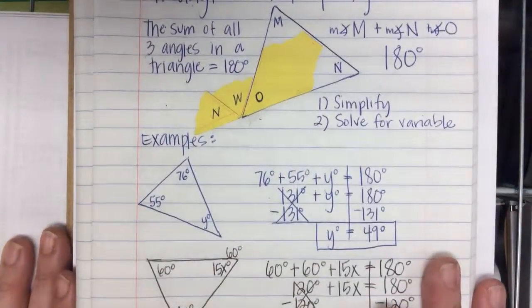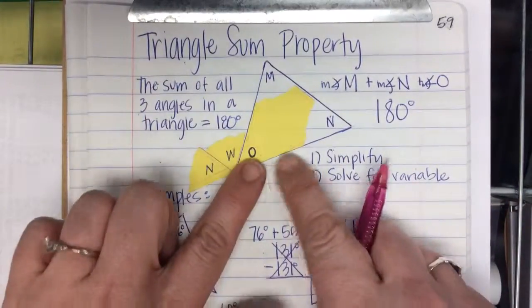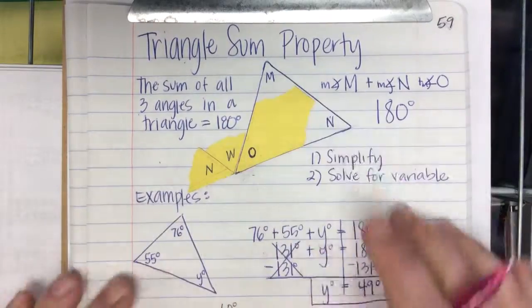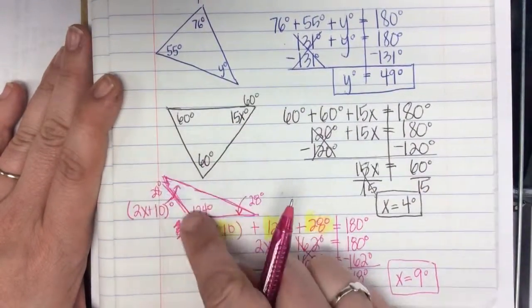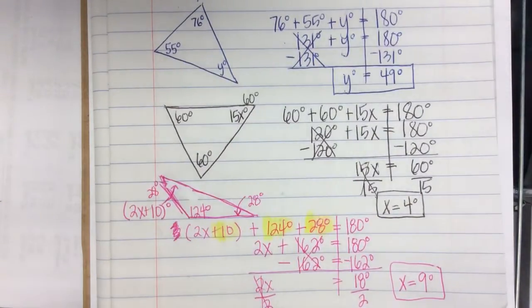So the triangle sum property: you're going to take all three angles, no matter what it looks like, and if you add all three angles, you find the sum of all three angles, you're always going to get 180 degrees. Solve for the variable.